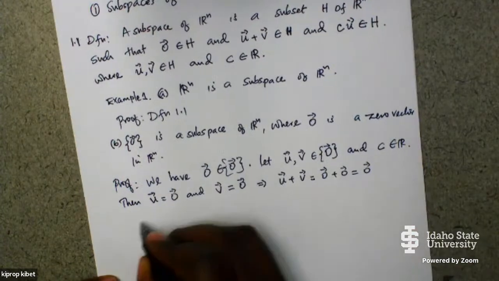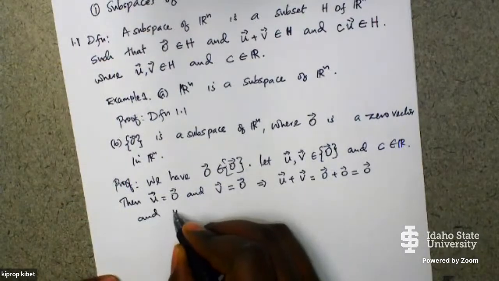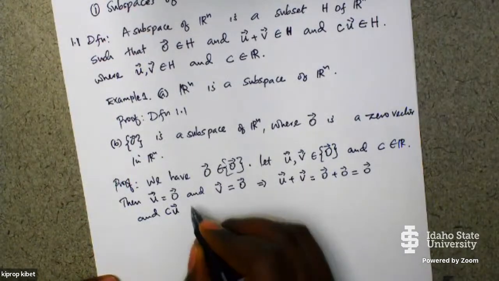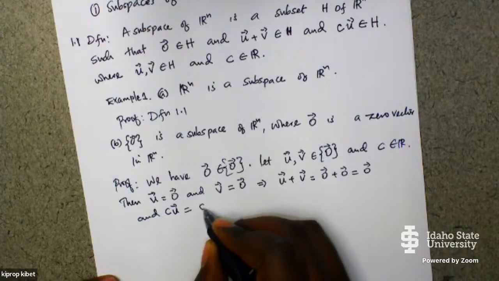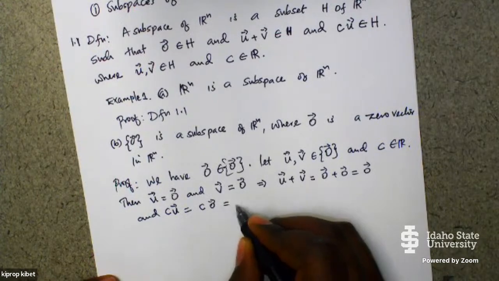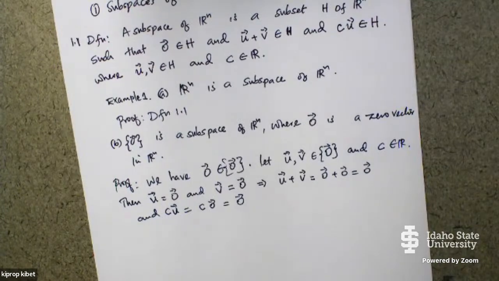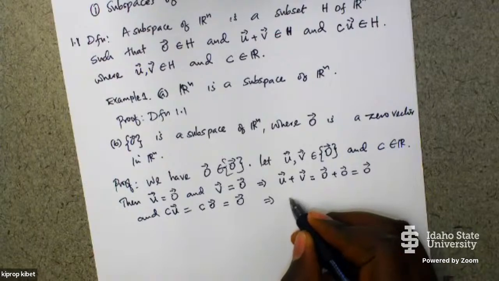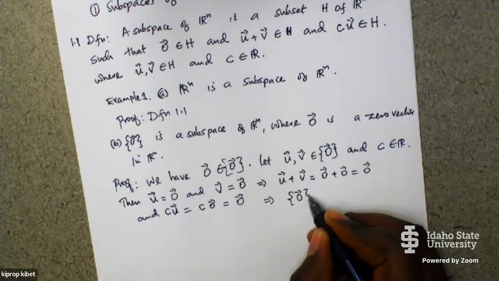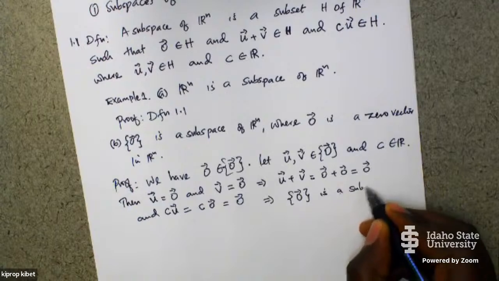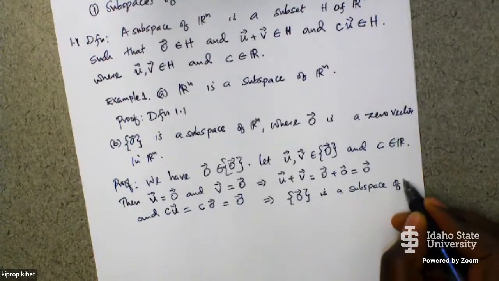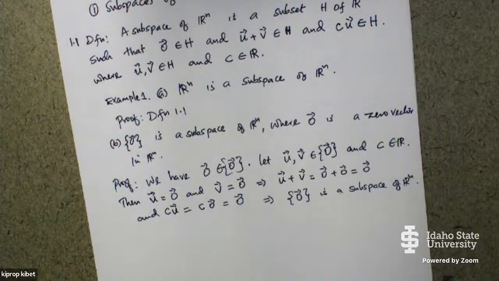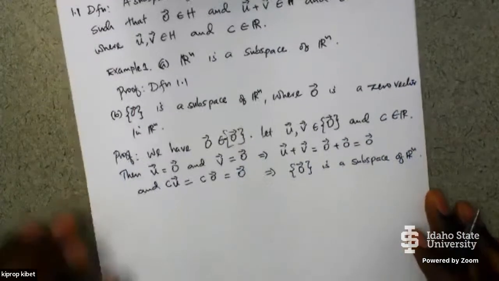So then also u multiplied by the constant c is the same as c multiplied by the zero vector, which equals the zero vector. So then it is a subspace of Rn.